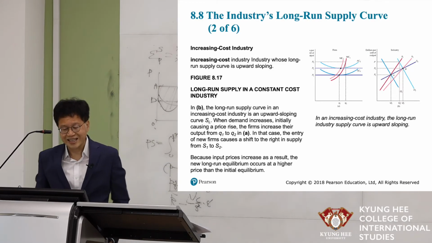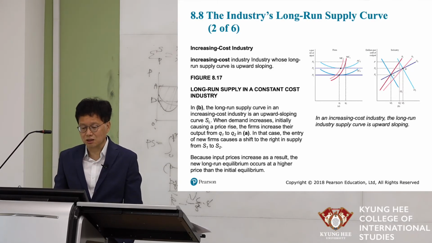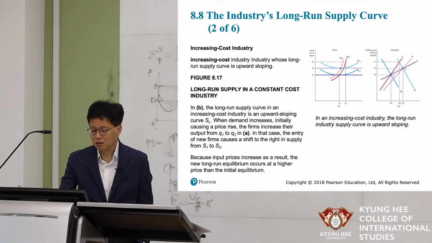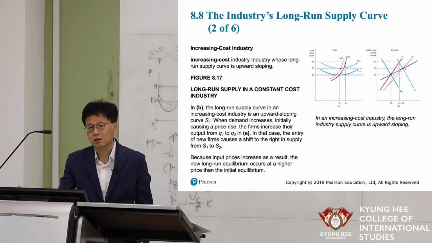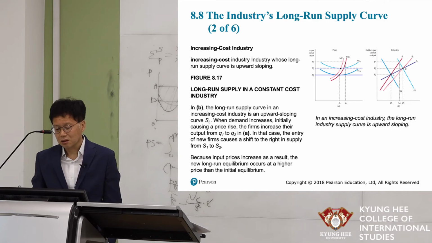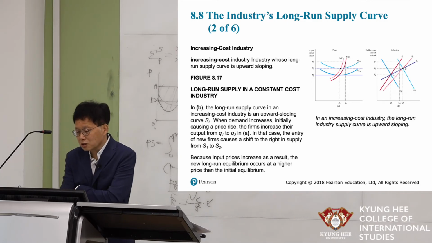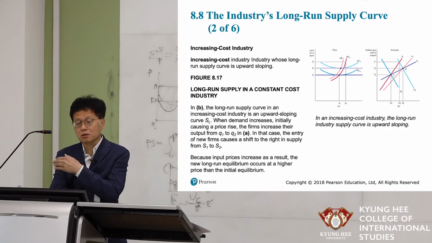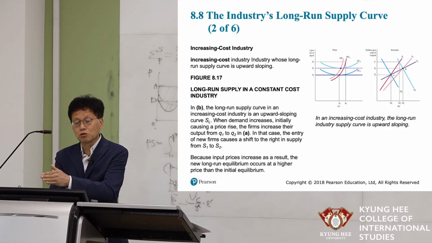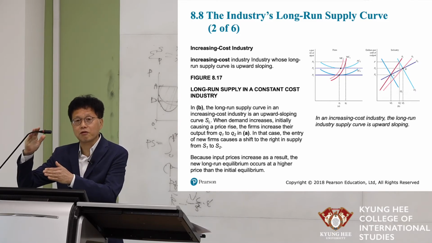Now think about the increasing cost industry. An increasing cost industry is an industry whose long-run supply curve is upward sloping. Why does that happen? We know that individual firms enjoy positive profit because the market price increases due to the shift of the demand curve to the right.